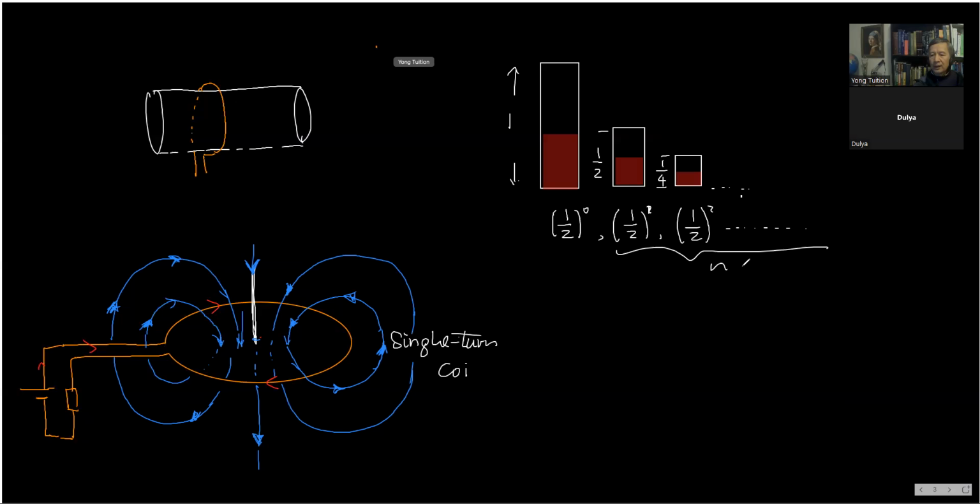If you halve it n times, what is the final length? It is 1 over 2 to the power n, a very small number, right?